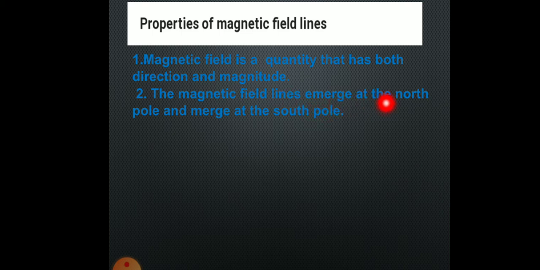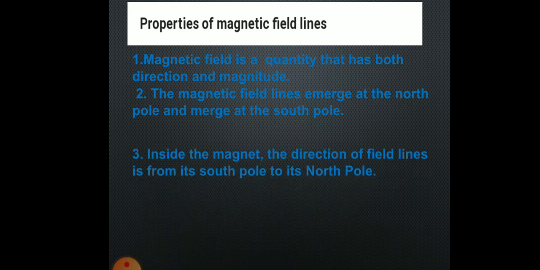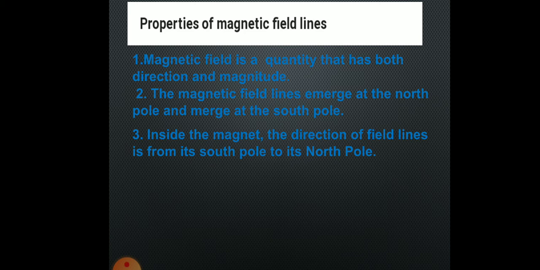Magnetic field lines emerge at the north pole and merge at the south pole. From north pole to south pole it moves, the magnetic field lines. But inside the magnet, the direction of the field lines is from south pole to north pole, okay?